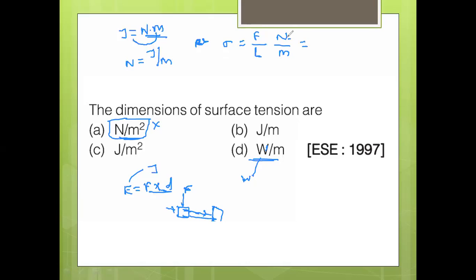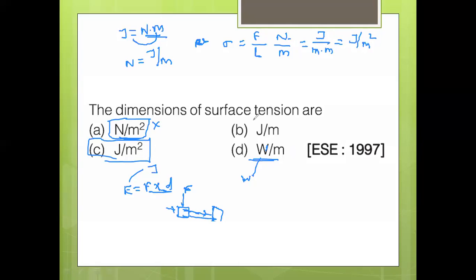So here instead of this Newton I can write joule per meter, and there is one meter already there, so here we can write joule per meter square. So option C is the correct option here. Have you understood everyone? Yes, sir.